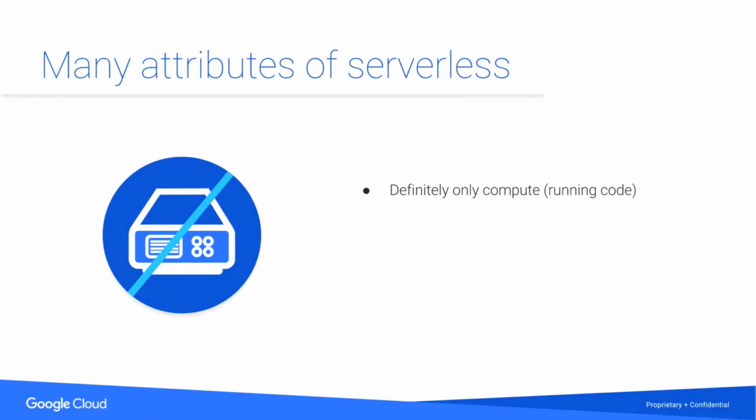So again, what is serverless? When people think about serverless, they definitely think only about compute, right? It's about running code. But as we've also learned, serverless is more of a target architecture for low ops and no ops. So maybe it should also include non-compute. And maybe when you're thinking about serverless, you should think about that as well. Serverless is normally seen as event-based.